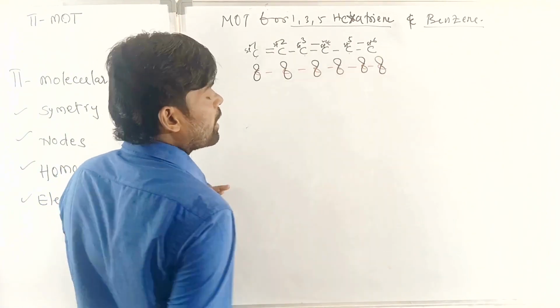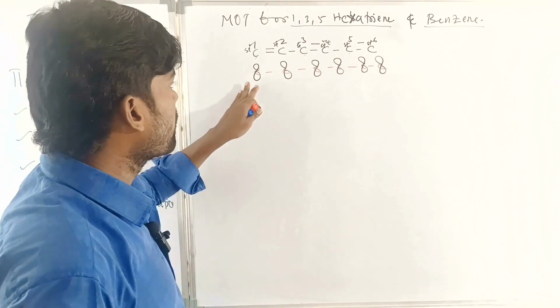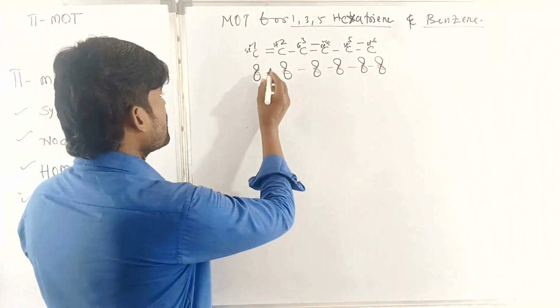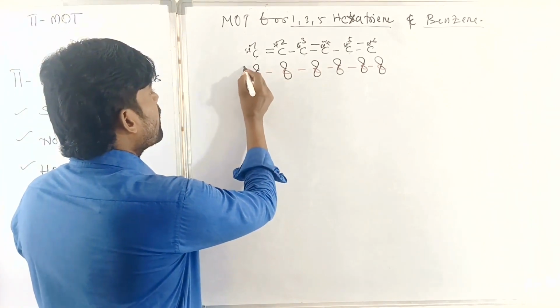One unhybridized p orbital is present in each of those 6 carbon atoms. The rest are sp2 hybrid, and the remaining are hydrogens.